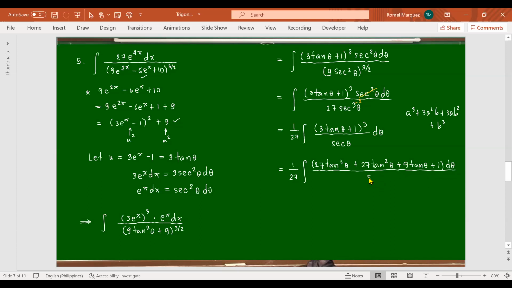All over secant theta. Let's divide 1 by 1. So 1 over 27 times 27 here. So that is now tangent cube theta over secant theta.